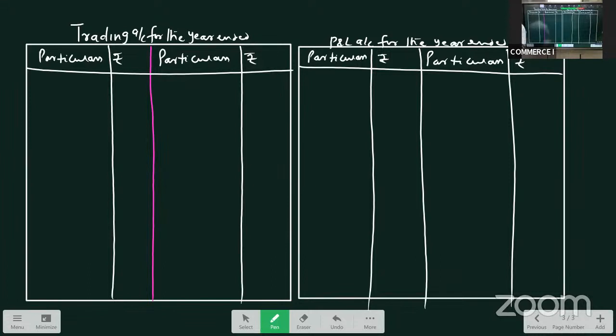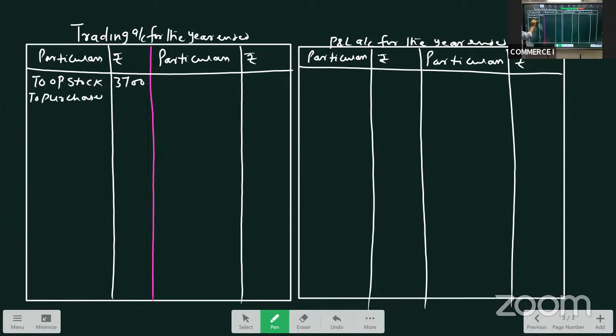What are we preparing? We are preparing trading account and profit and loss account simultaneously. So what is the first item? Opening stock, trading debit side. How much is it? 3,700.